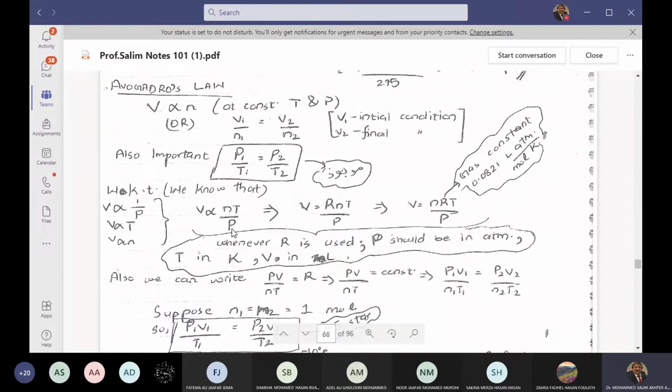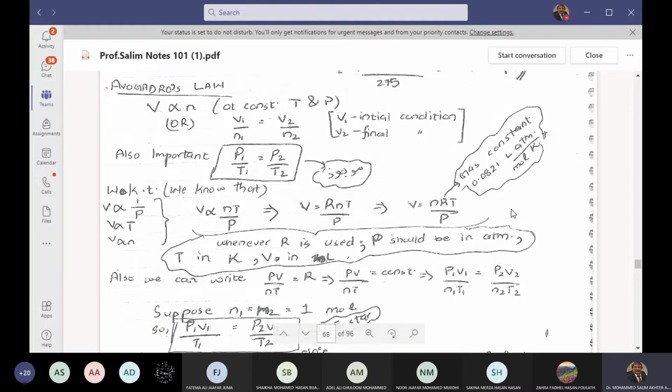V is proportional to NT over P. Or if you remove the proportionality constant, it's going to be V is equal to RNT over P, or V is equal to nRT over P, or as I gave you the equation in the last lecture, PV equal to nRT. This is known as the ideal gas equation, the ideal gas law.